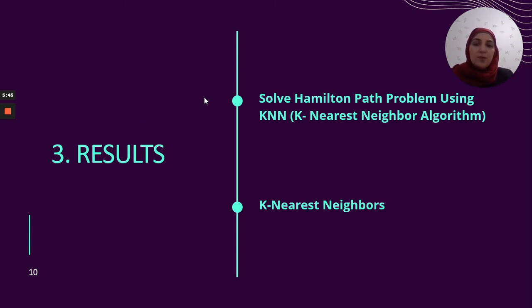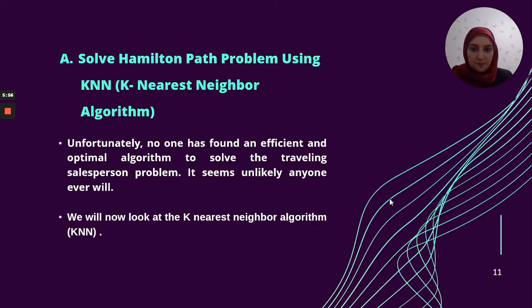In the results, we will talk about solving the Hamiltonian path problem by using the k-nearest neighbor algorithm. Solve the Hamiltonian path problem by using KNN, the k-nearest neighbor algorithm.